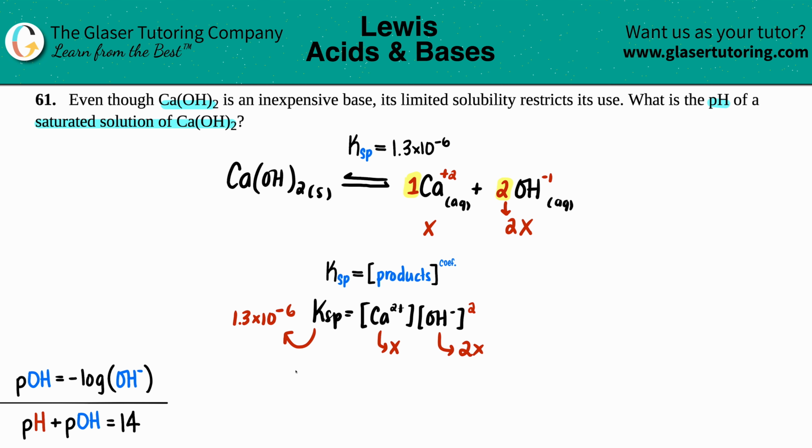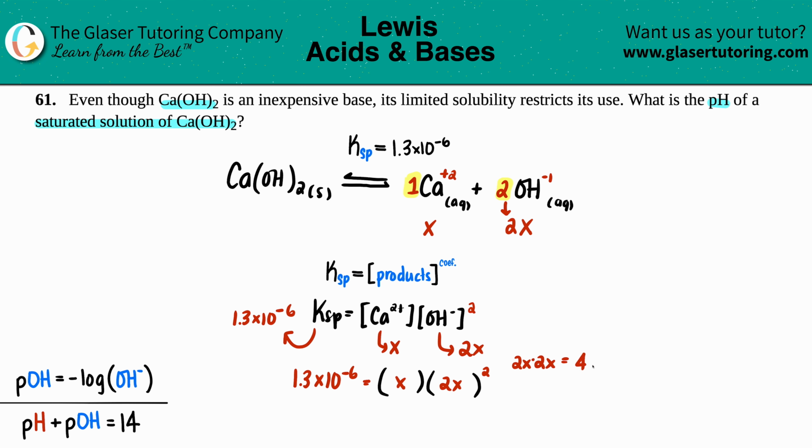Okie dokie. So 1.3 times 10 to the negative 6th equals x times (2x) squared. Remember, (2x) squared just means you have two 2x's multiplied by each other.